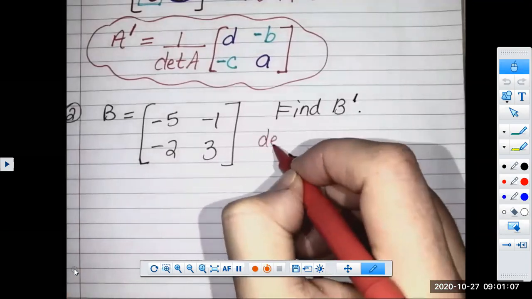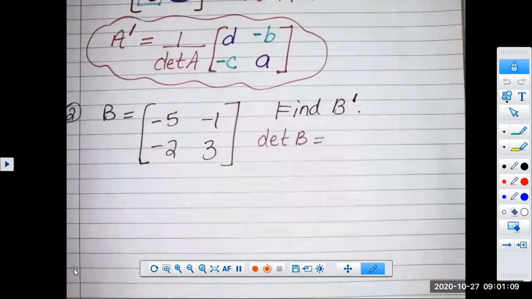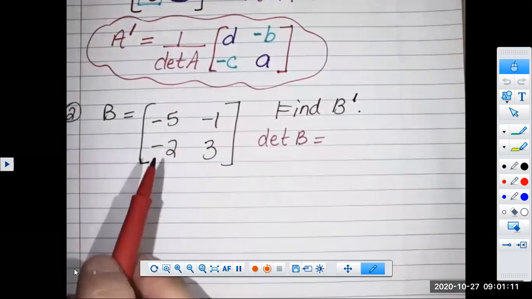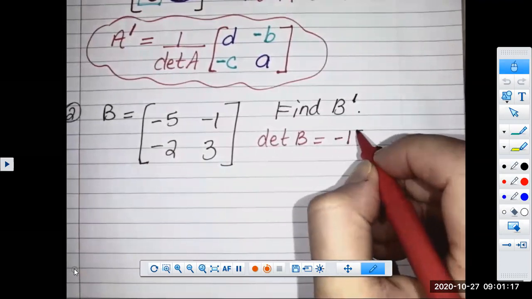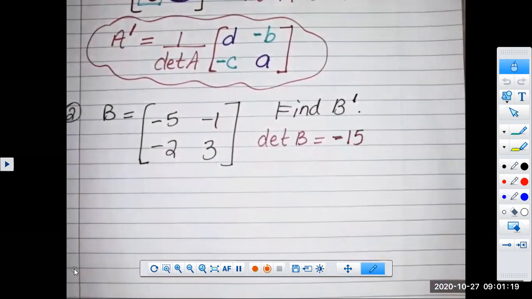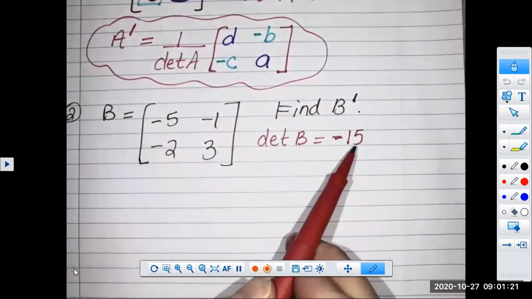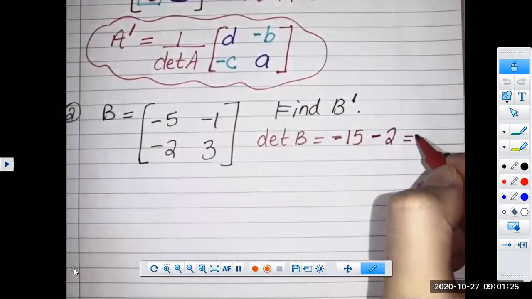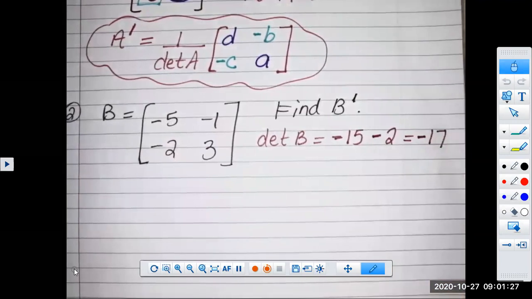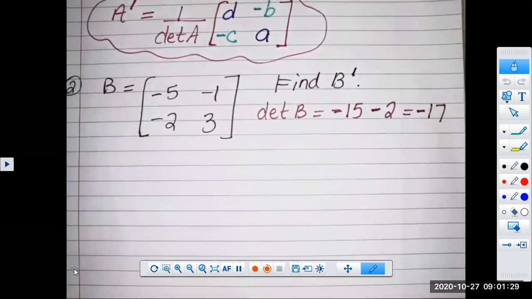Figure out the determinant and see if it has an inverse. What is B's determinant? Multiply this way, subtract what you get when you multiply that way. So -17. So does it have an inverse? Yes.